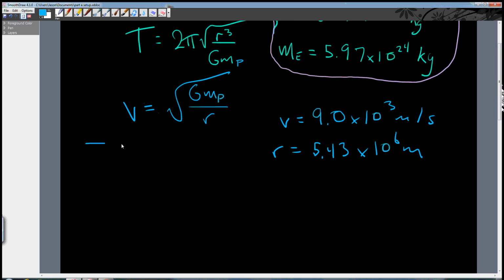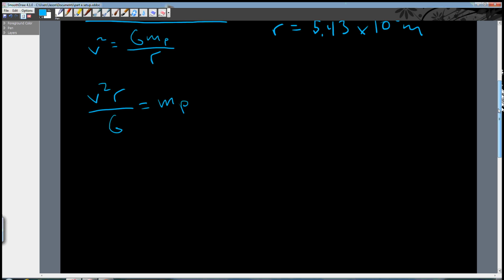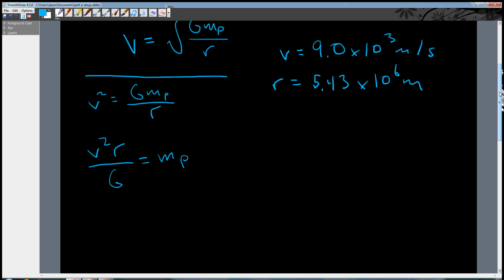Alright, so first of all I'm going to solve for the mass of the planet before I insert my numbers. So I'm going to square both sides. V squared equals G mass of the planet over R. Multiplied by R, V squared R, and divide by G, equals the mass of our planet. And we're going to plug in our values.